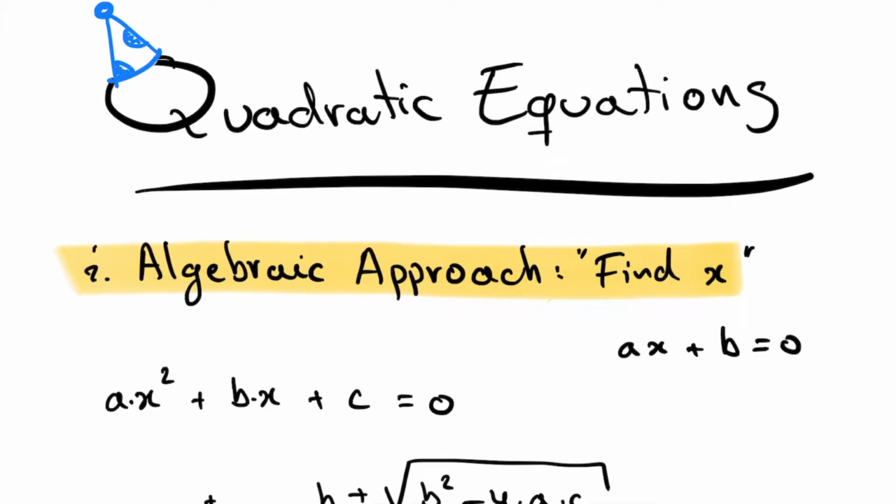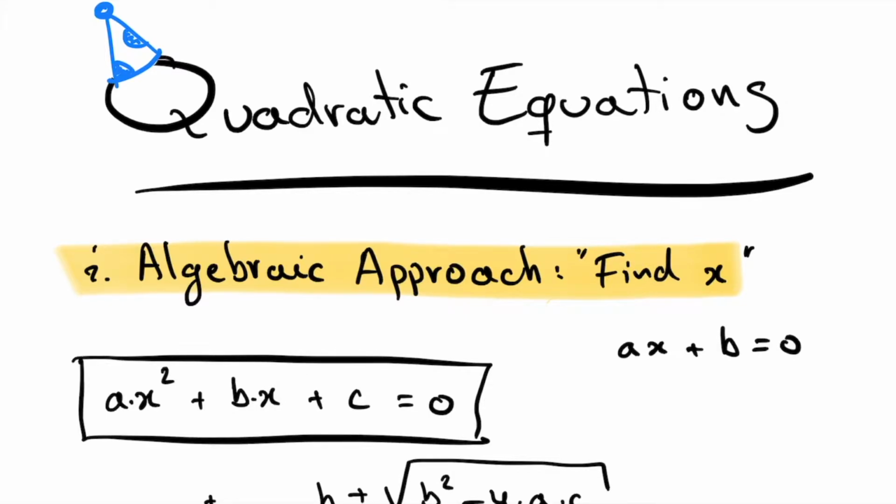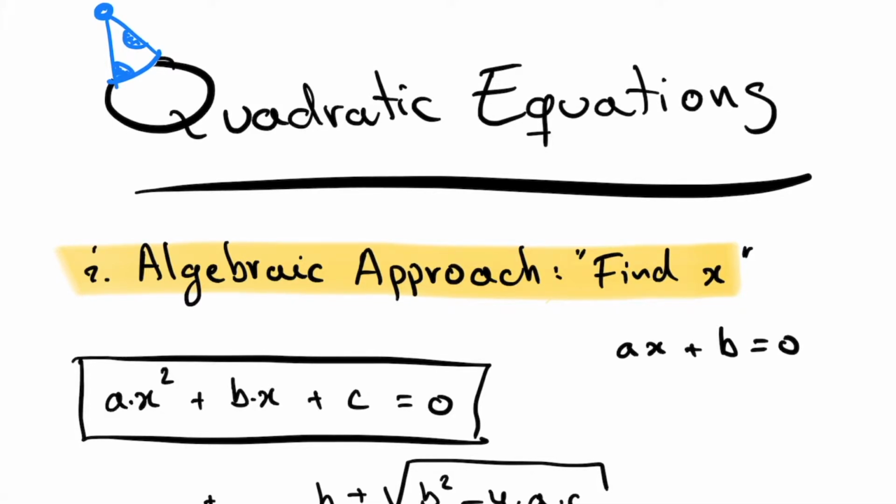Now, in this video, we'll be focusing on quadratic equations, which are a bit more complex. Here, we are looking at equations of the general form a times x squared plus b times x plus c is equal to 0. In these equations, a, b, and c are just fixed. For a specific exercise, a, b, and c will be just numbers.